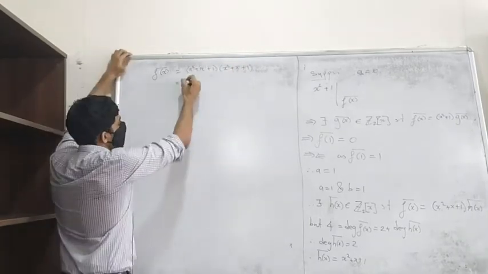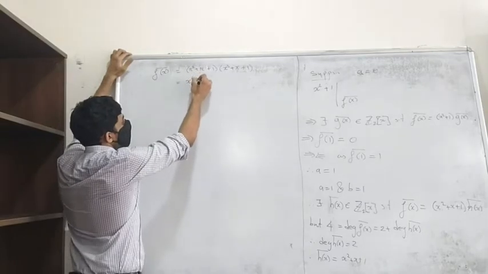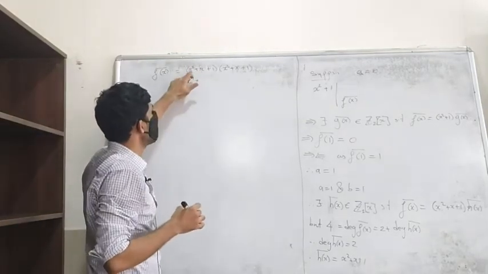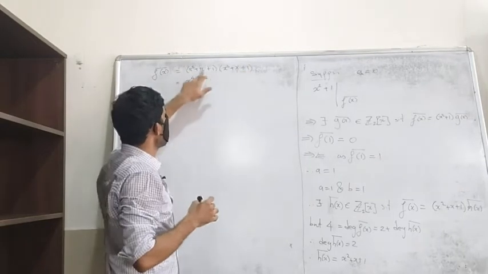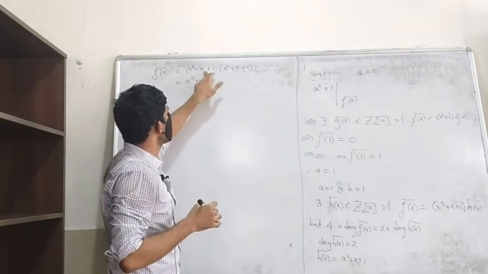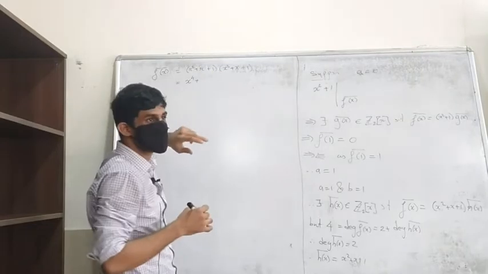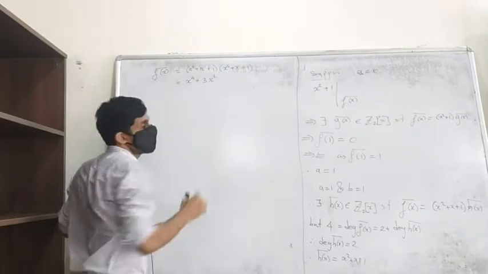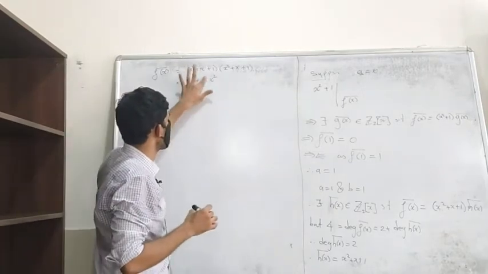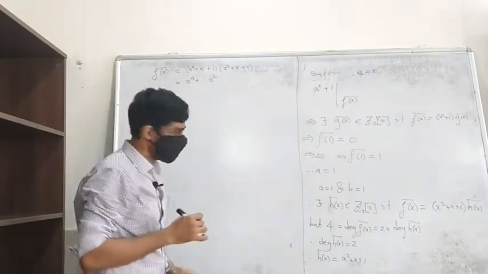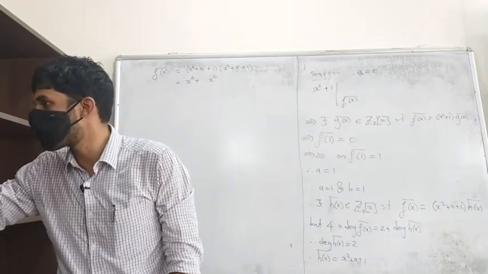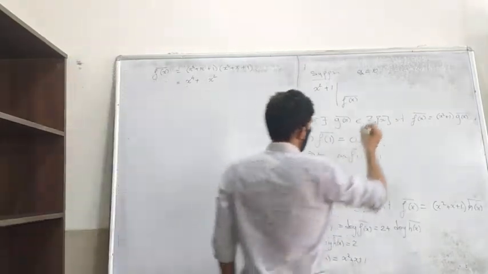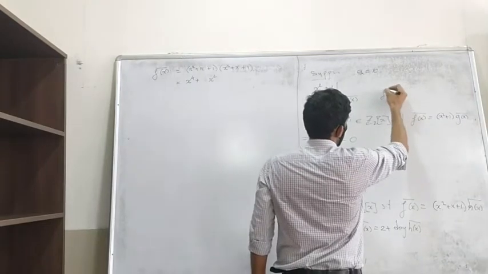You get x raised to 4 plus, what is the coefficient of x square? It will be 3x square, right? 3x square is 1x square. What did I start with? What was my f of x bar? Can anyone tell me? I can't recollect.